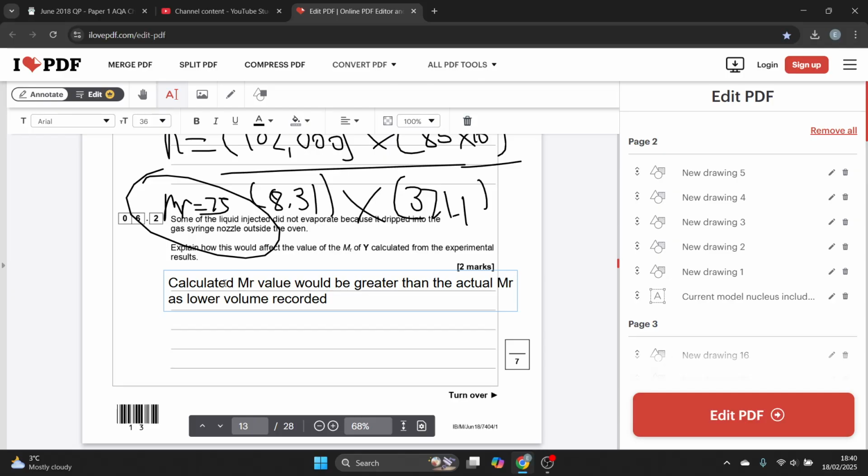Lower volume recorded, therefore MR would be greater than the real MR. Because lower volume recorded, n equals PV divided by RT, gives a smaller number of moles, therefore a larger MR, therefore the calculated MR is actually greater than the actual MR.